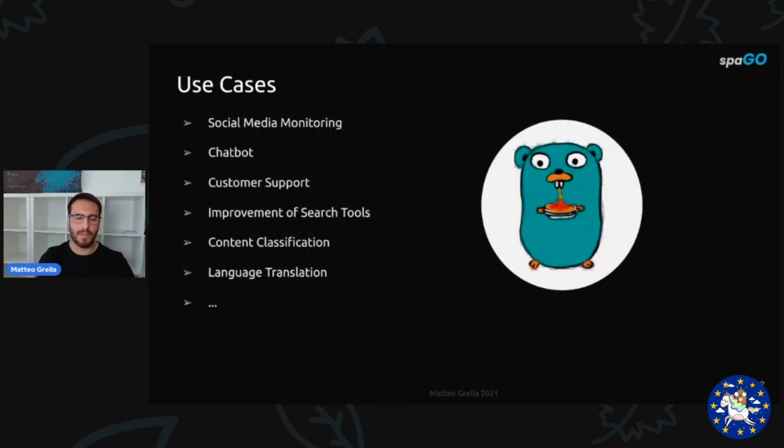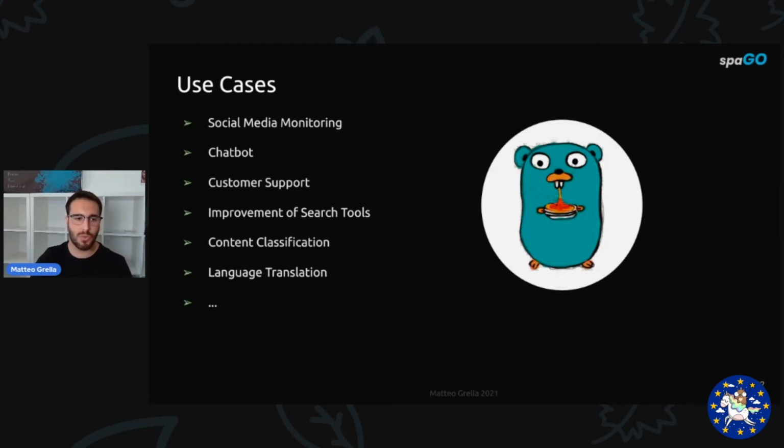So, use cases. I talk about math, but my presentation is about natural language processing. So we use the math to build NLP applications. You may want to use spaGO for social media monitoring. For instance, you have a bunch of tweets and you want to analyze them, okay, this is positive, this is negative, so sentiment analysis. Or you want to build a chatbot, so you need a system that is able to read the text and maybe try to give you answers to your questions on that text.